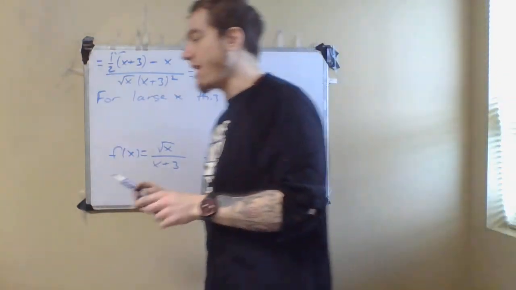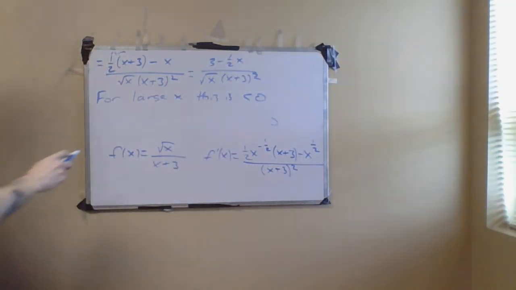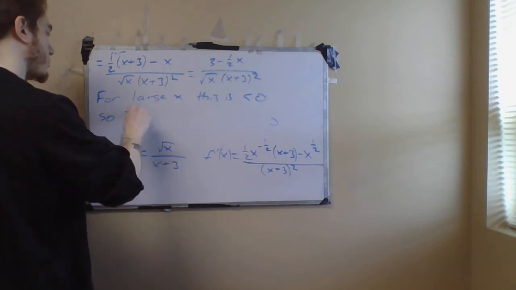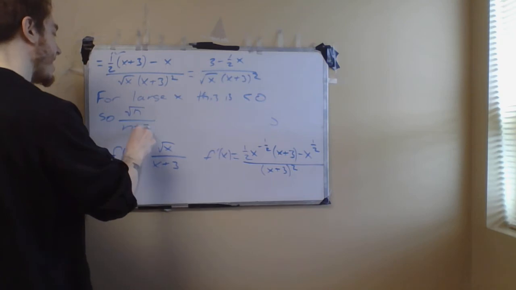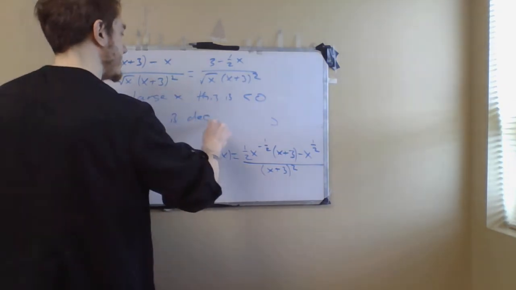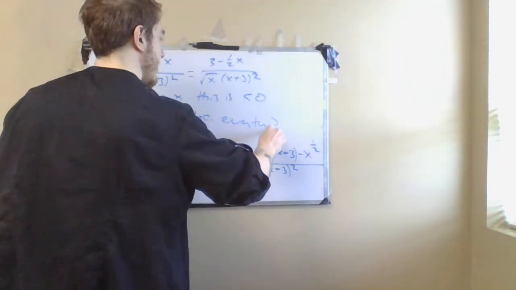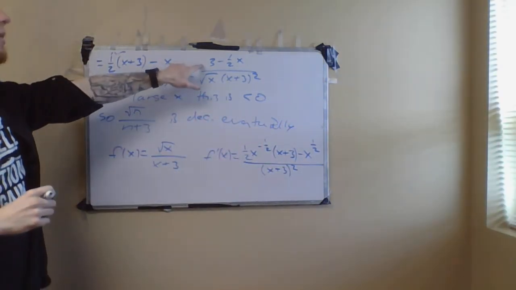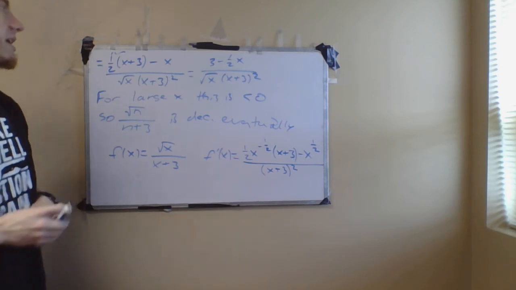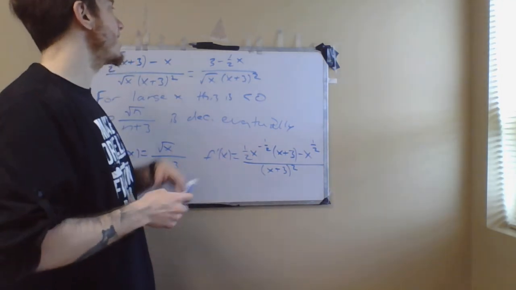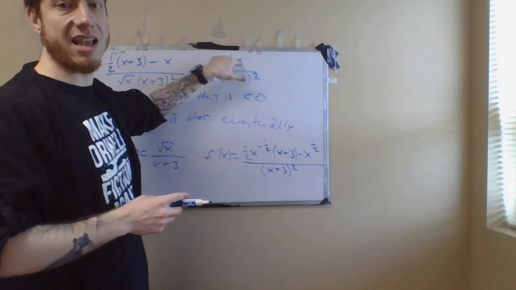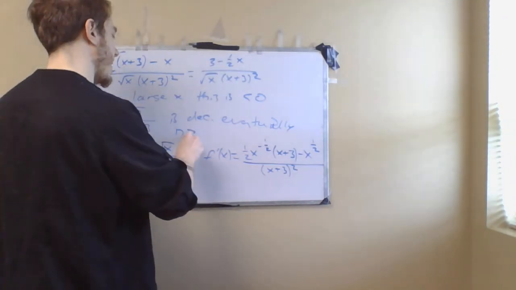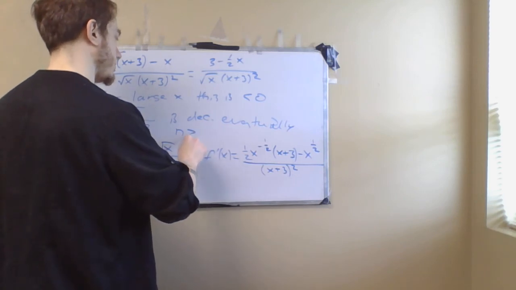What that means about my original sequence is that the square root of n divided by n plus 3 is decreasing eventually. We could figure out exactly where by figuring out where this thing is negative. In fact, it is negative as long as x is at least 7. So this sequence is going to be decreasing for n bigger than or equal to 7.